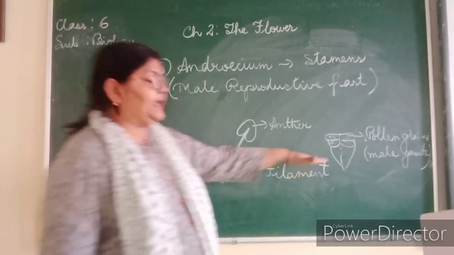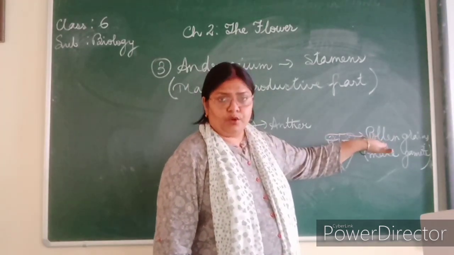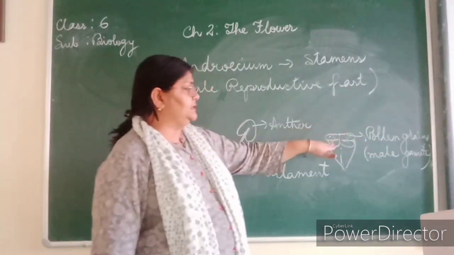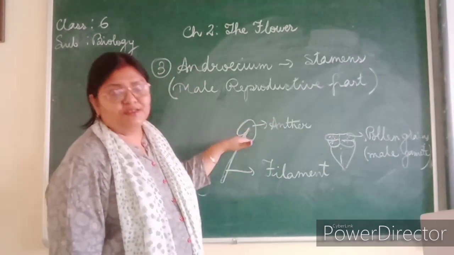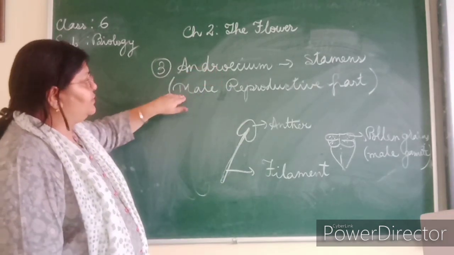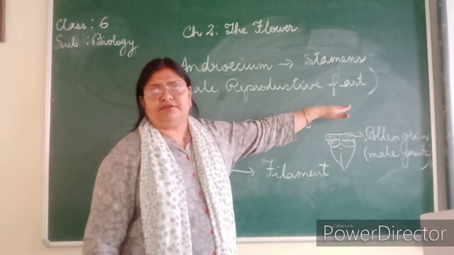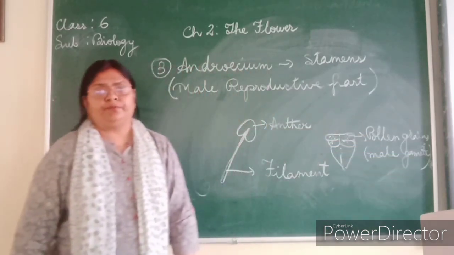So here it is the male gamete. The male gamete is inside the pollen grain. The pollen grain is inside the pollen sac. The pollen sac is present in the anther. The anther is a part of the androecium. Therefore, it is the male reproductive part because it has the male gamete.